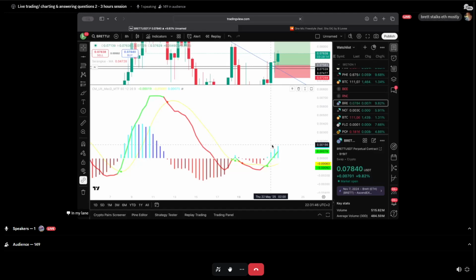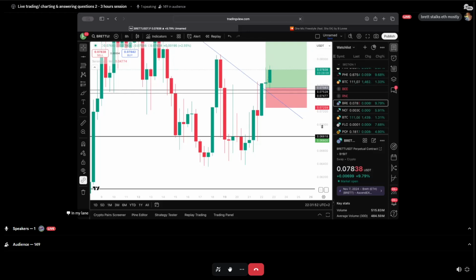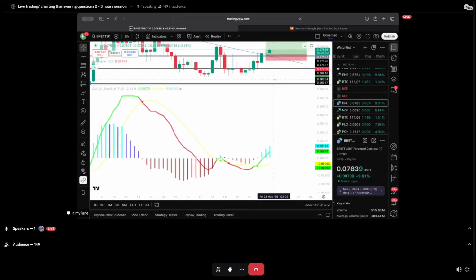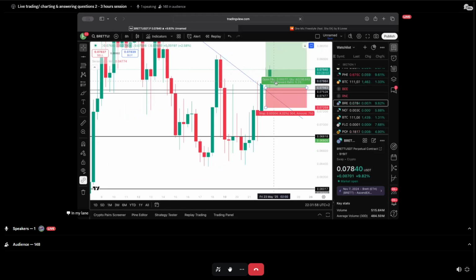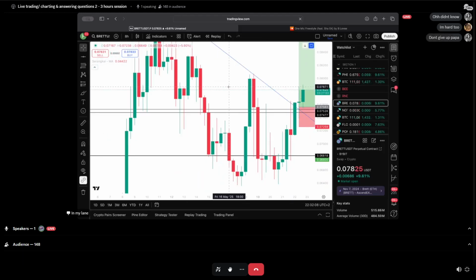cross. It's so hard to explain. I think I'm giving up. But you just need a bullish cross and a close above support, plus a breakout. That's all you need.